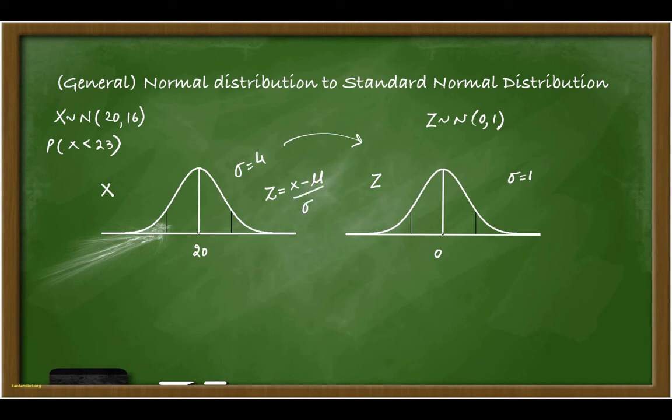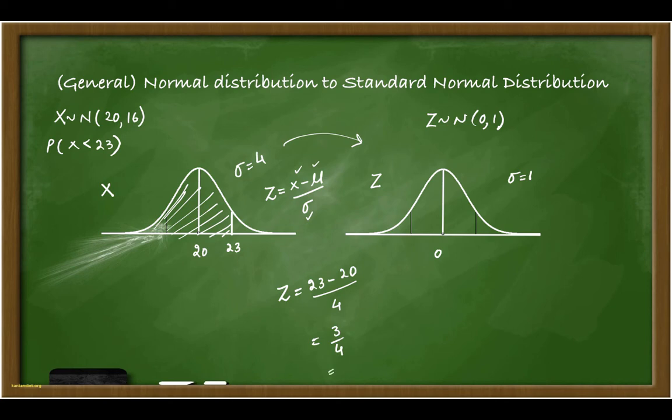So if the x value is 23, we need to find the probability that x is less than or equal to 23. Suppose 23 is here, and we need to find this probability. We have the x value, we have mu, we have the standard deviation, so just substitute the values in this formula. You get z equals x, which is 23, minus mu, that is 20, divided by the standard deviation, that is 4.